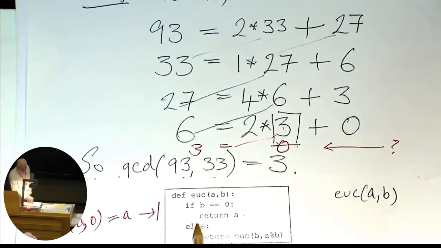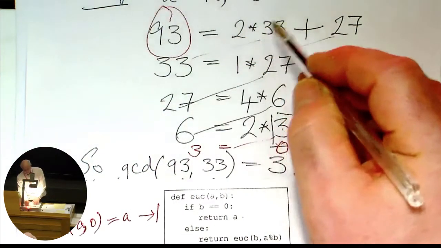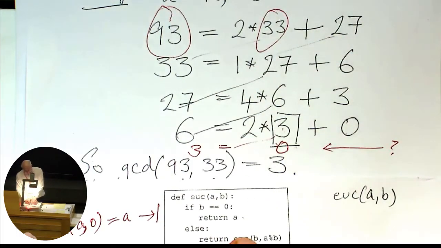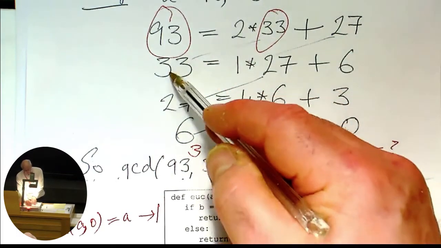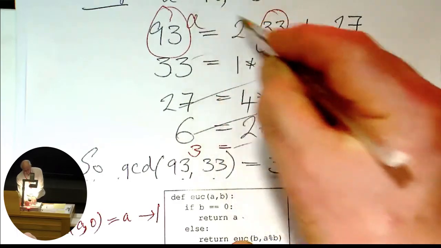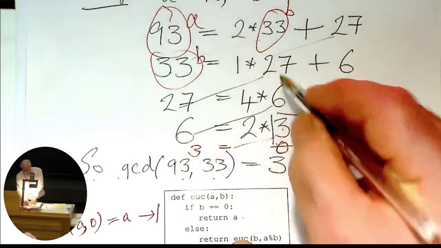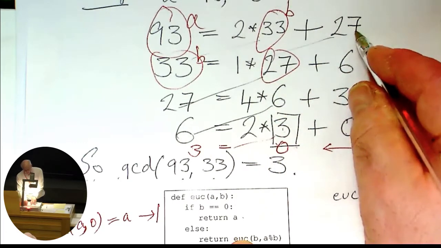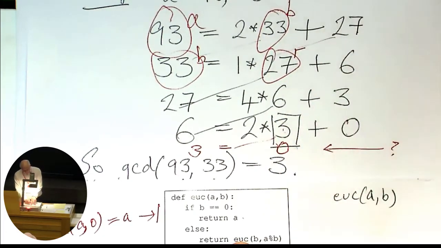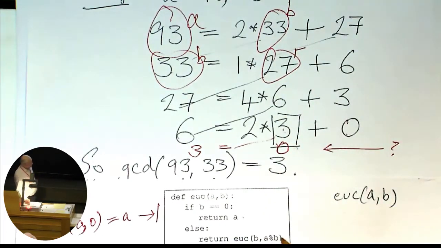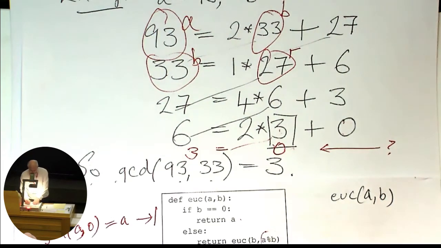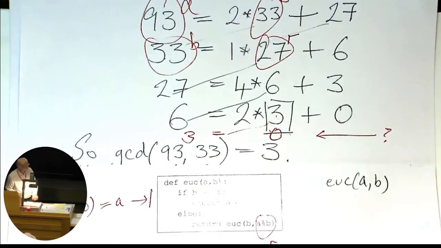If that's not the case, then we simply replace A and B. This was A and that was B. A becomes B. So this was A and this was B. On the next line, this is B, and B becomes what was the remainder. This is the remainder. Remember, the remainder is written like this: A percent B. That's just a fancy way of writing the first remainder. Okay?